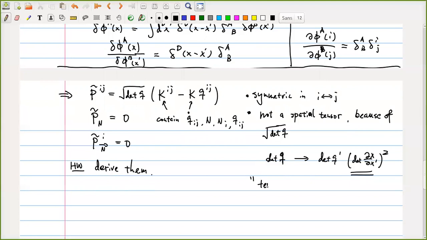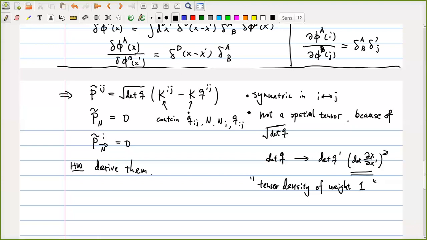This is called a tensor density of weight 1.